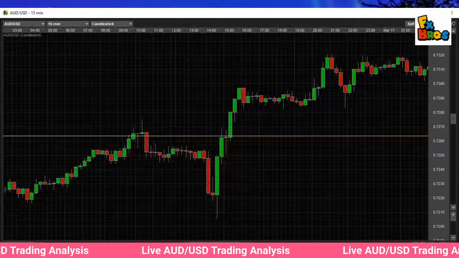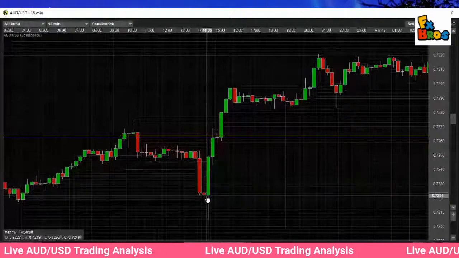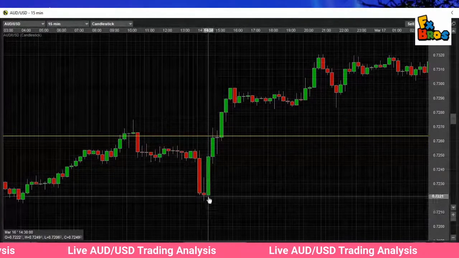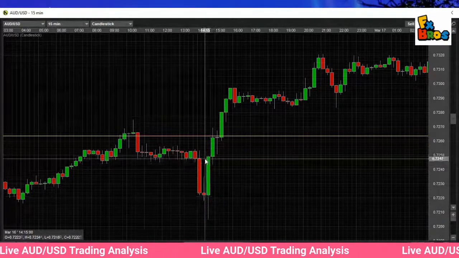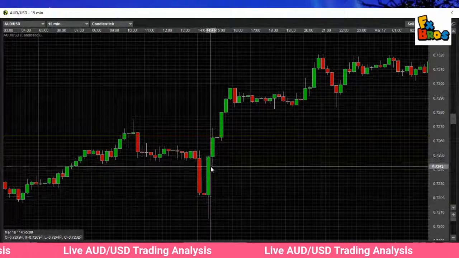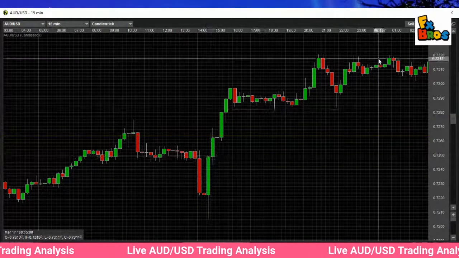Because if you would have got into sales and then waited for this candle to close, especially after it tapped all the way down here, this candle right here would have told you, bro, we not bearish. That whole move was a fake out. We're not bearish, and that still could have got you in for the rest of the move.